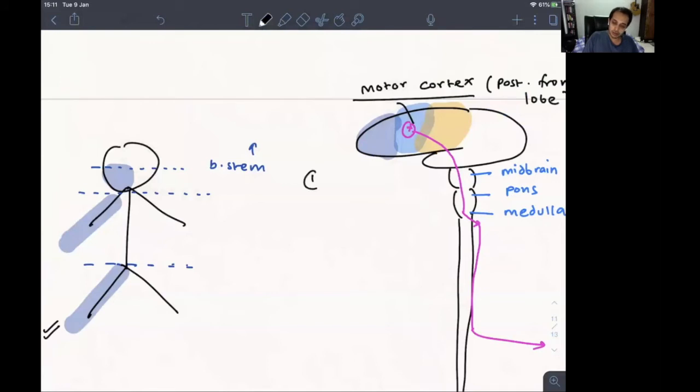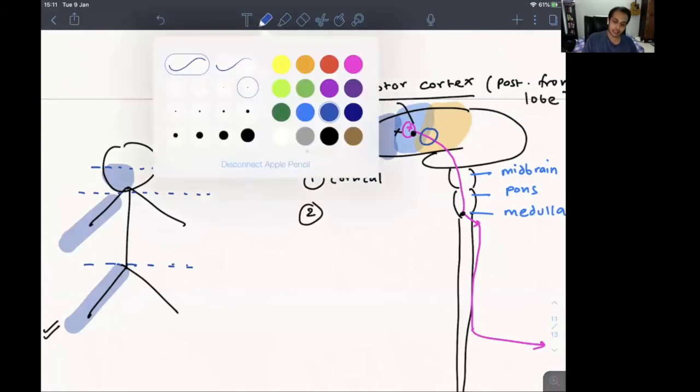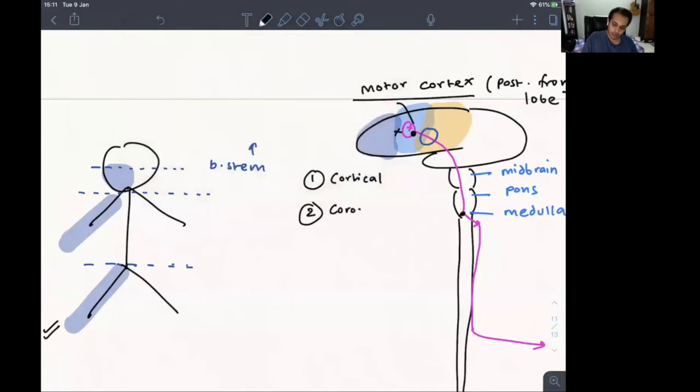There could be a cortical lesion. So by cortical lesion, I mean that there could be a lesion in the motor cortex itself. There could be a lesion somewhere between the motor cortex and the medulla. Now, what are these areas? One of them is an area right after the tract leaves the motor cortex, and that is known as corona radiata.